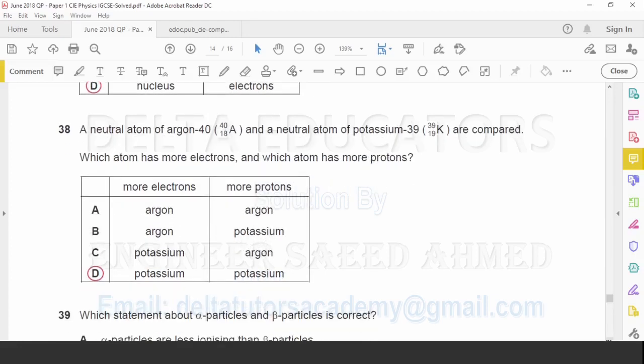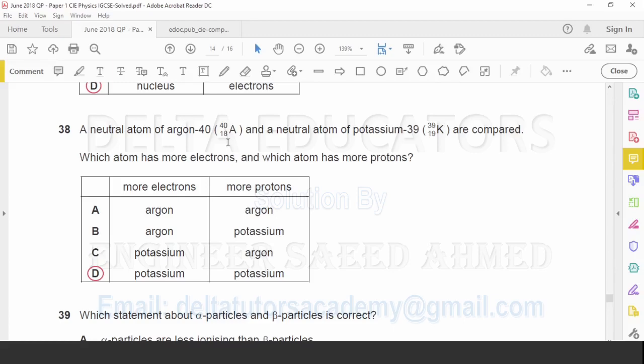Question number 38. A neutral atom of argon and a neutral atom of potassium are compared. Which atom has more electrons and which atom has more protons? Here this 18 is called proton number, and this 40 is called nucleon number. Same thing for potassium: this 19 is the proton number, and this 39 is the nucleon number. Proton number means number of protons in an atom.